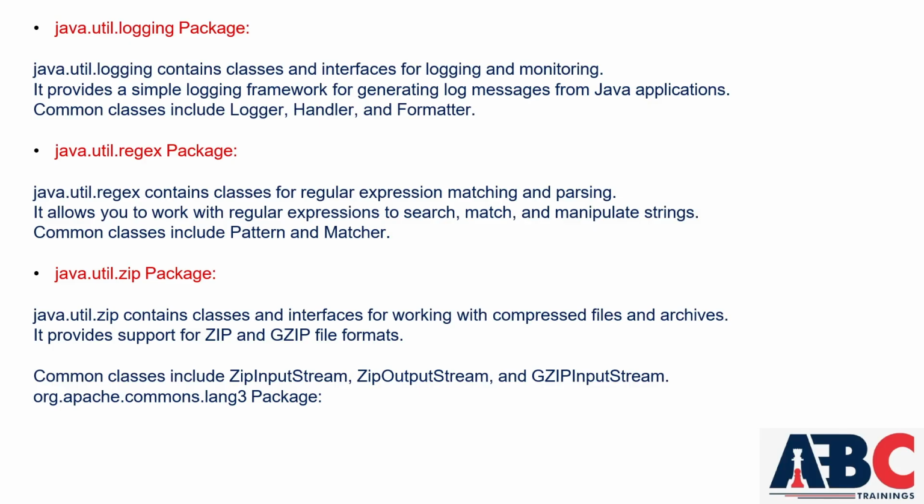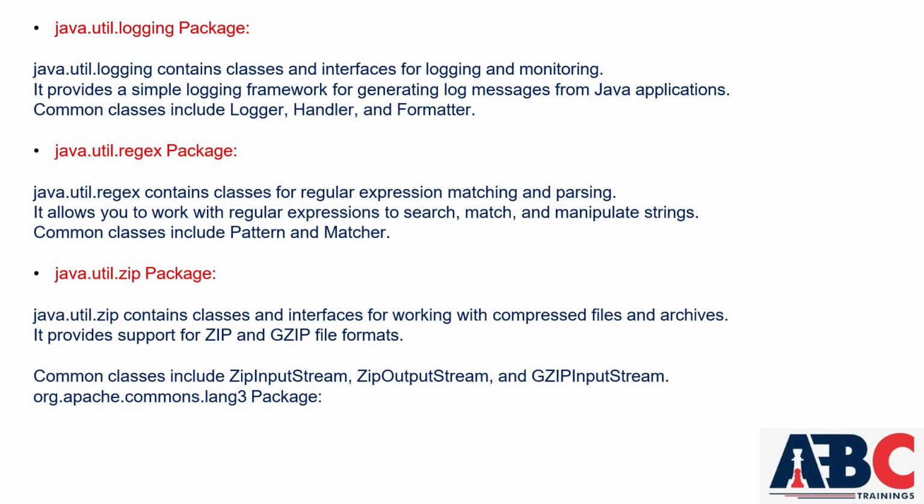Next is the java.util.zip package. The java.util.zip package contains classes and interfaces for working with compressed files and archives. It provides support for the zip and gzip file formats. The common classes include ZipInputStream and ZipOutputStream.